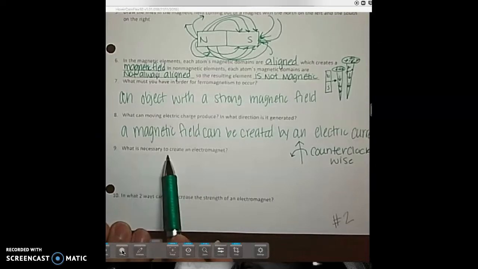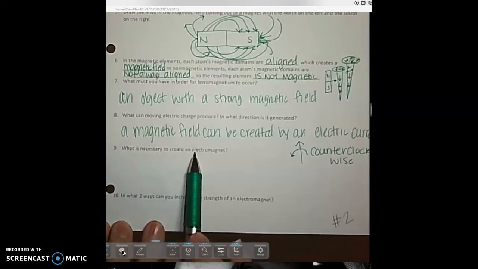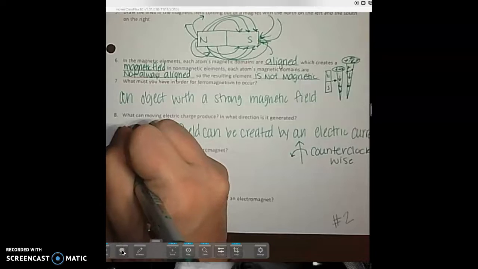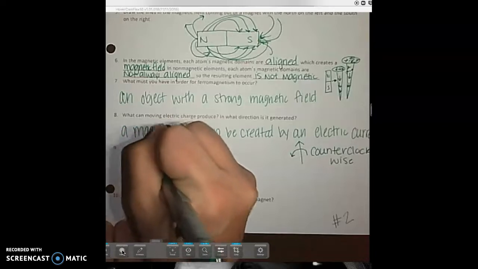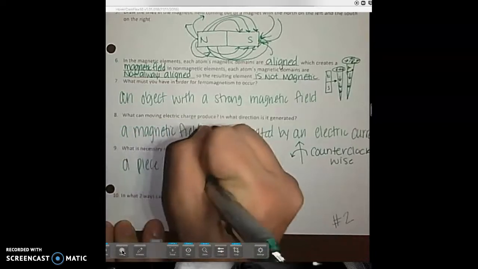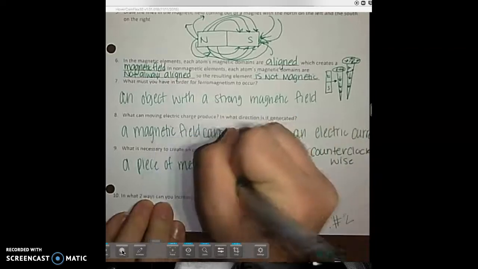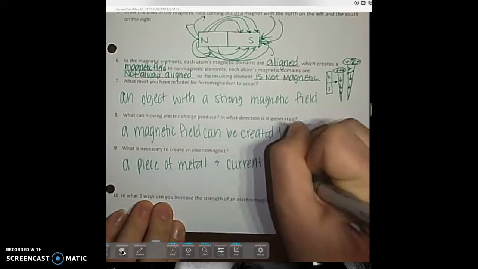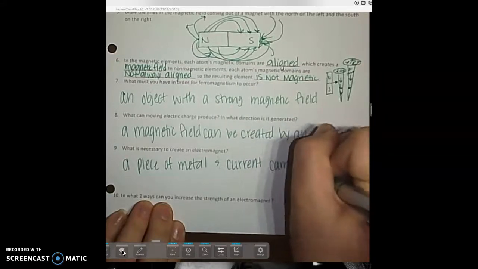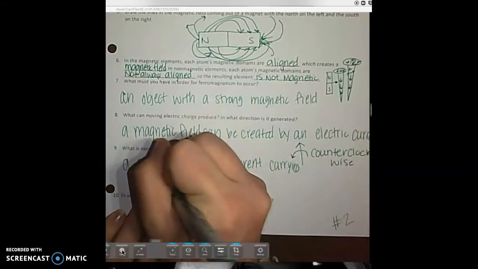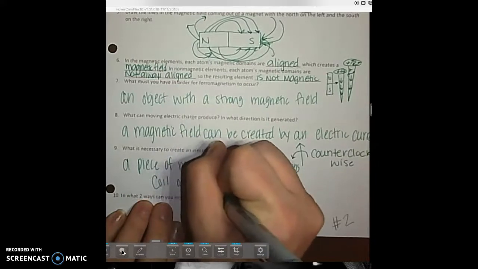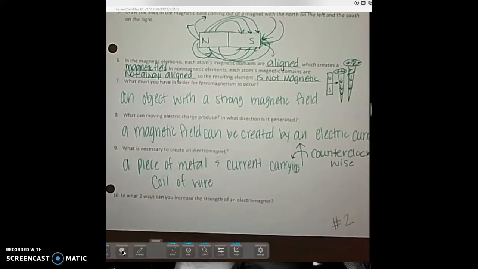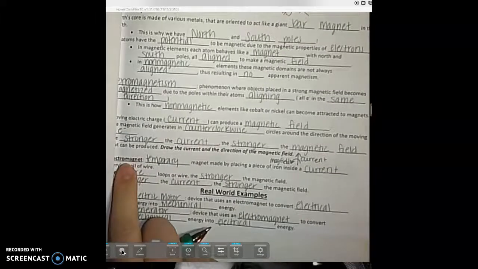It says, what is necessary to create an electromagnet? You need a piece of metal and a current-carrying coil of wire. So if we go back to our notes and look at electromagnet, here's your electromagnet note.